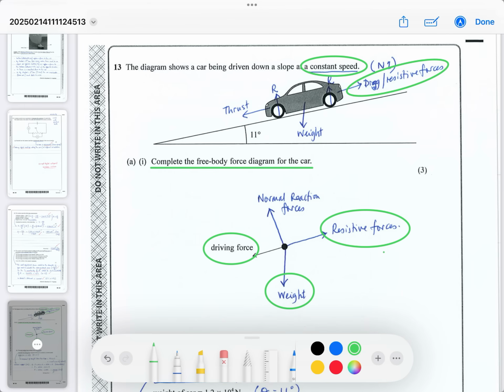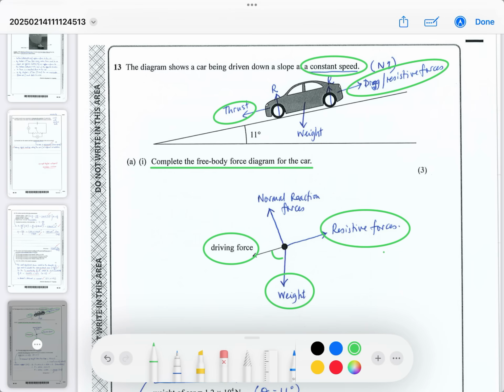Okay, so the resistive forces has to not only balance the thrust, which I draw above, but it must also balance 11 degrees worth of the resolution of the weight down the slope. So that angle here would be 90 minus 11. So it would be W cos 79.